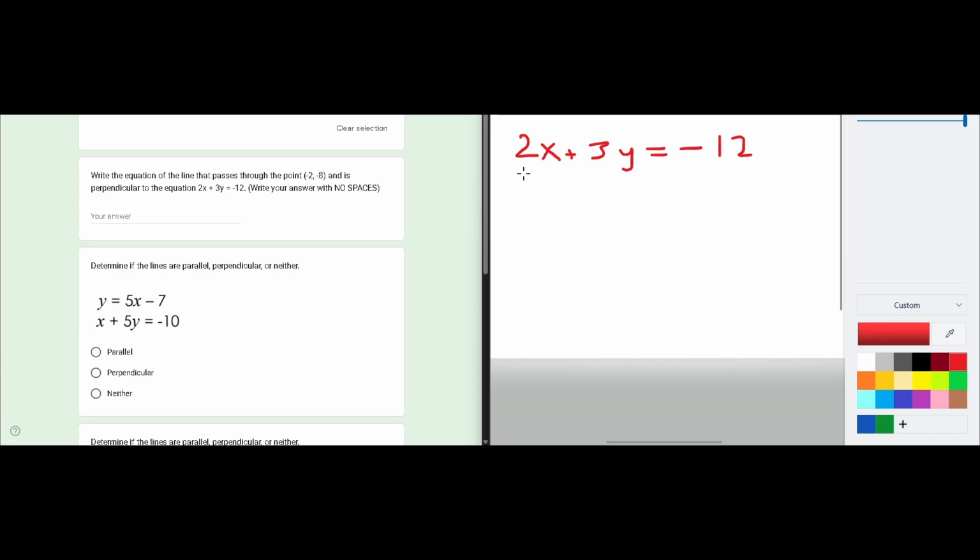Okay, so we must first figure out what our slope is with our equation given to us. We have to rearrange this given equation because it should be in y equals mx plus b format.